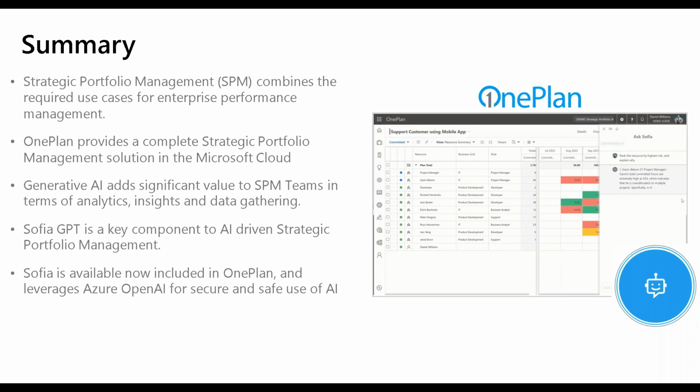And Sophia GPT is available right now within OnePlan, and it leverages Azure OpenAI. So there's no additional cost. It's included within our enterprise subscription. So a user of OnePlan can leverage it to complete their task based on their role.